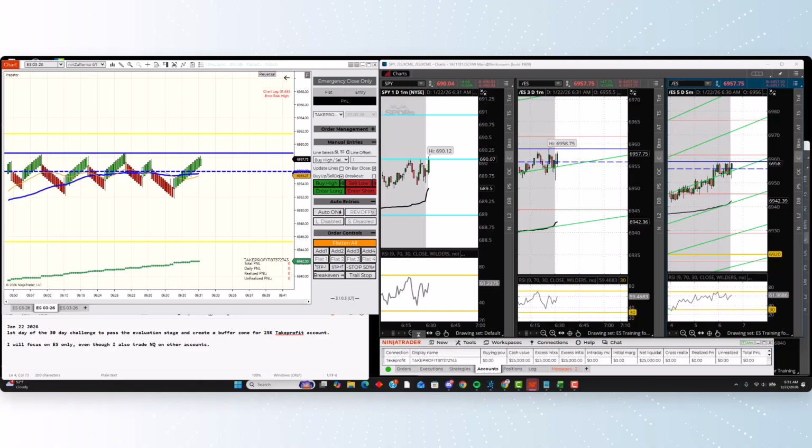Dow has been extremely strong. I mean, it's climbing like crazy right now. Remember, we don't have to overtrade. All we need is one or two good trades to call it a day.